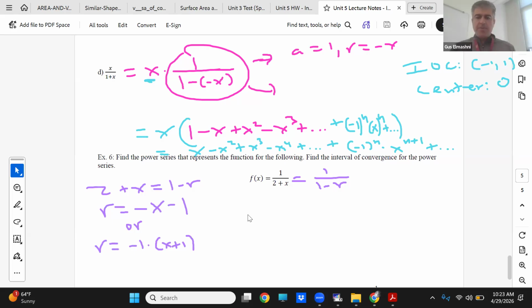So if I write the power series, it will be this: 1 minus x plus 1, because your a is still 1, obviously, plus x plus 1 squared minus x plus 1 cubed plus dot, dot, dot plus negative 1 raised to the n power times x plus 1 raised to the n power.